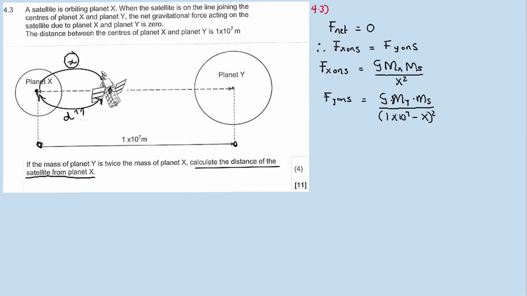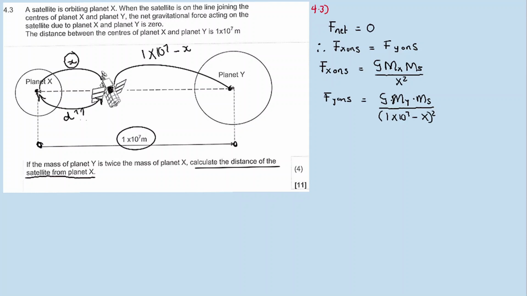If I minus x from this distance, I get the distance from here to here. So the distance from the satellite to planet Y is 1 times 10 exponent 7 minus x. Hence, divided by this one squared, right?